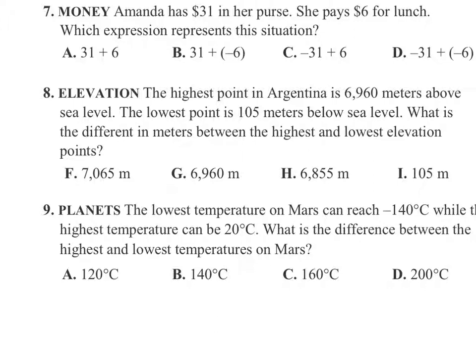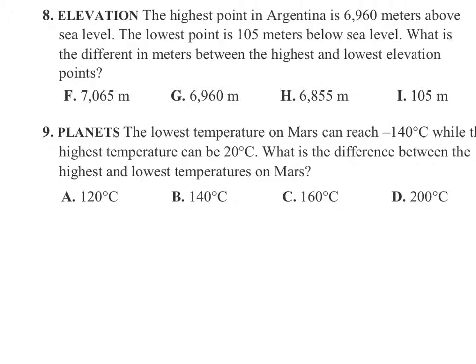Since it's one negative, it's not gonna be D or A. And since it's -6, it's not gonna be C, so it'd be B. Bam. Excellent work. There you go.